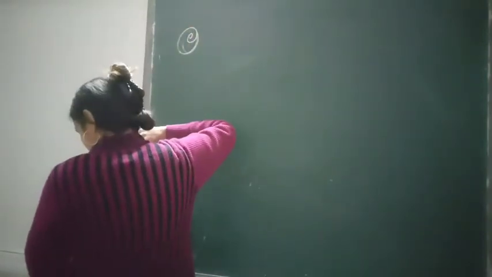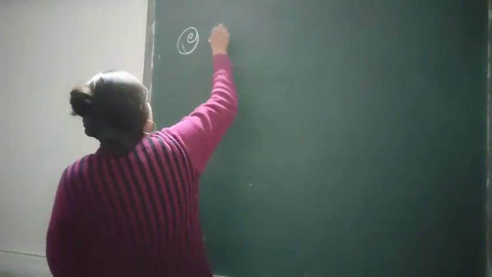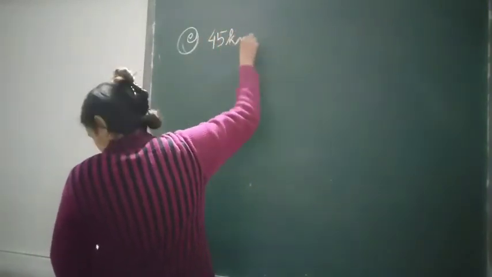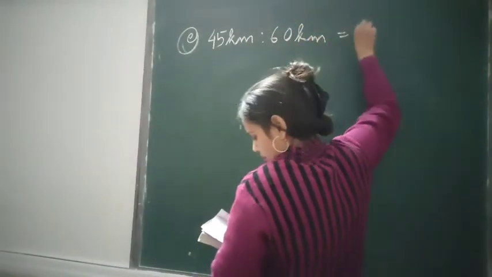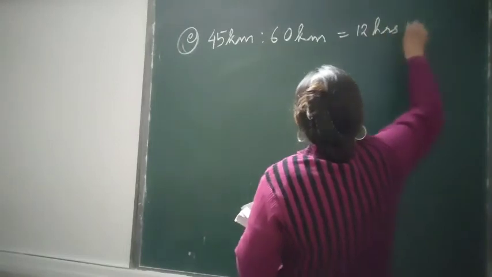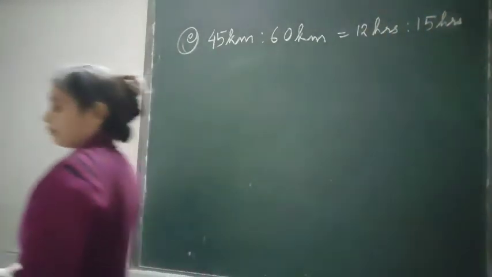Then we go to the E part. Part E says 45 kilometers, 60 kilometers, 12 hours, 20 hours.